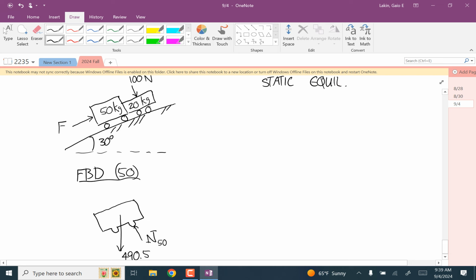That's a frictionless contact because the wheels are drawn in there. We have a pushing force from the 20 kilogram that's perpendicular to the surface toward the body, so I'll call that R. And then we have this force F.